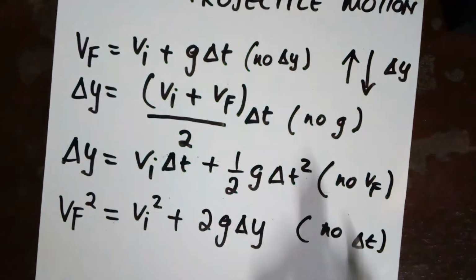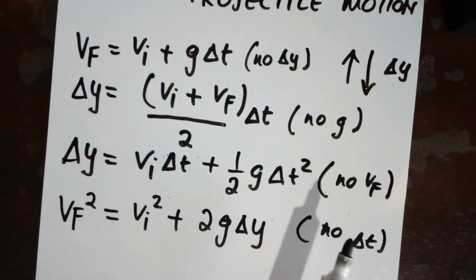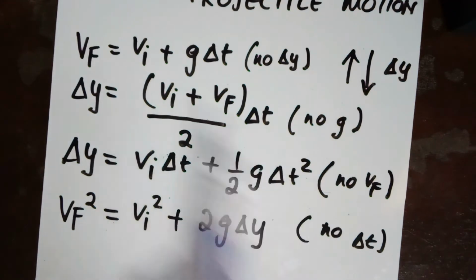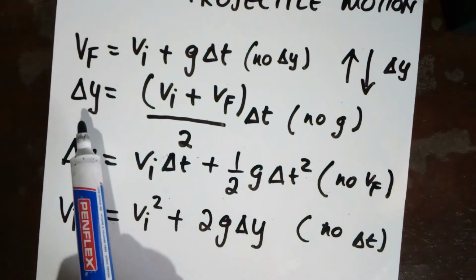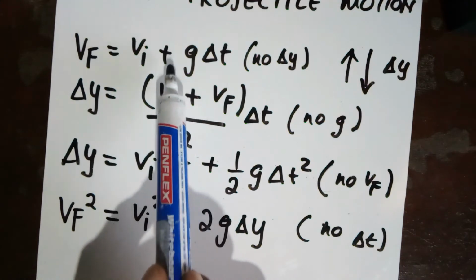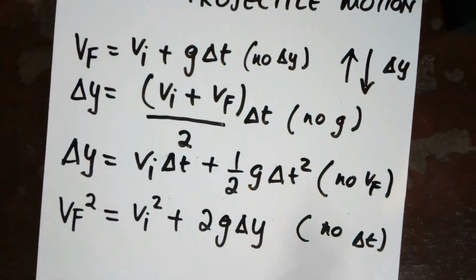So for each of these equations, there's one variable that is missing. So when you solve those problems, maybe let's say you are given Vf and Vi, but you're not given a change in position. So you should know that you are going to use this equation. Maybe you are asked to find the time. But now let us just put this into perspective by actually doing a calculation.